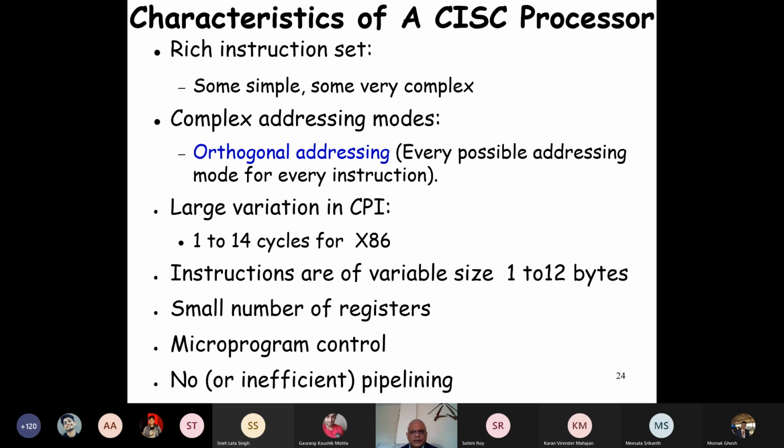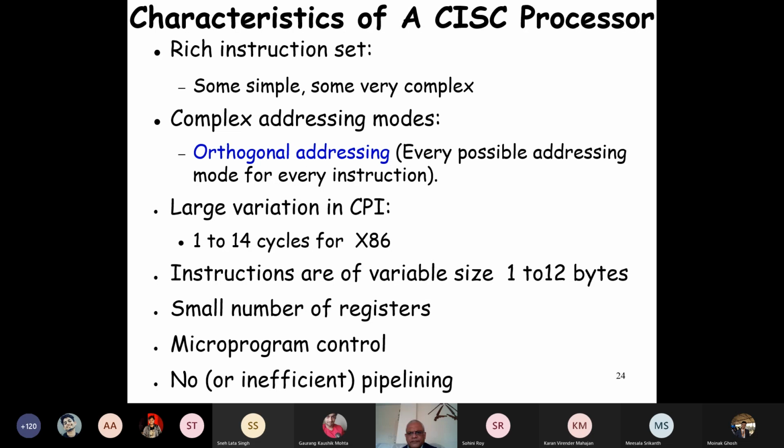And naturally, there is a large variation of cycles per instruction, because some are very complex instructions, some are very simple instructions. 1 to 14 cycles for Intel x86. Instruction lengths are also variable, 1 to 12 bytes. No wonder, because you have to do string operations and so on. Typically a small number of registers, because the control circuitry here is so large, it takes most of the chip area.